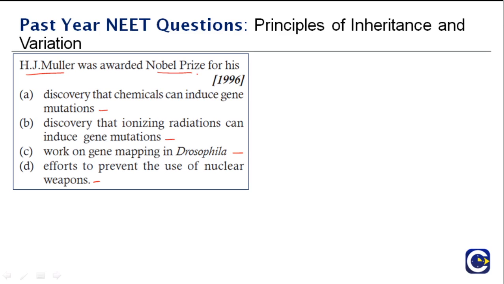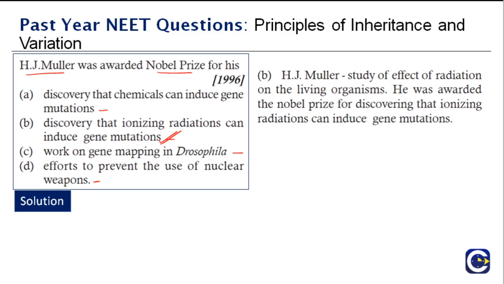So H.J. Muller was awarded the Nobel Prize for discovery that ionizing radiations can induce mutations in the gene. Okay. H.J. Muller studied the effect of radiation on living organisms. He was awarded the Nobel Prize for discovering that ionizing radiations can induce mutations in genes. So the correct answer here is B.